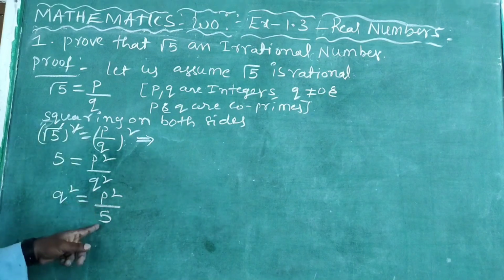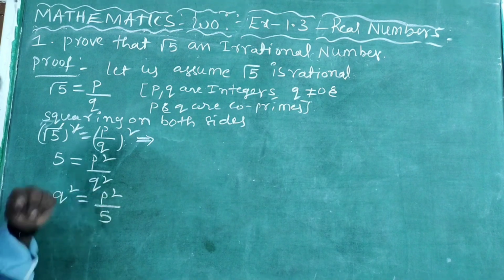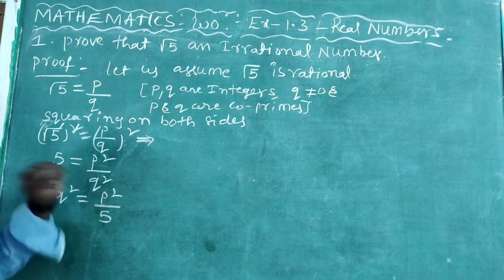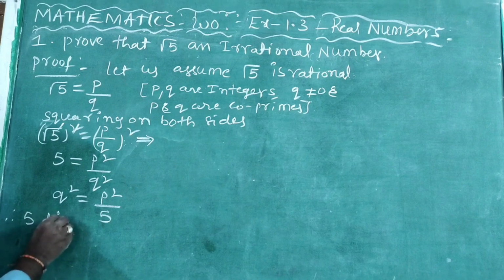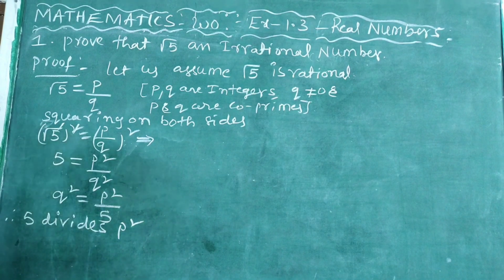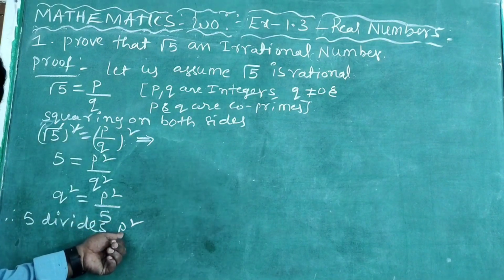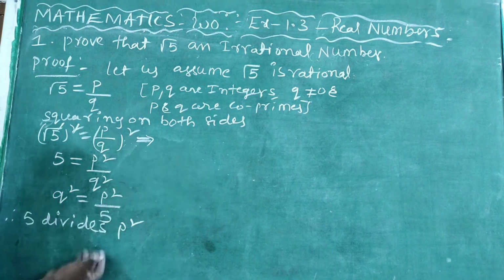What is the meaning of this? Can anyone tell me? The meaning is p square is divided by 5, or 5 divides p square. Therefore 5 divides p square. According to theorem 1: 5 is a prime number, p is a positive integer, and if a prime divides a square, then it divides a also.